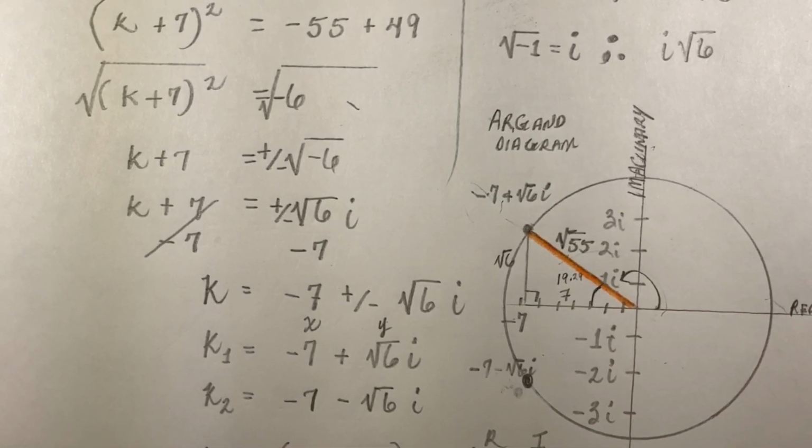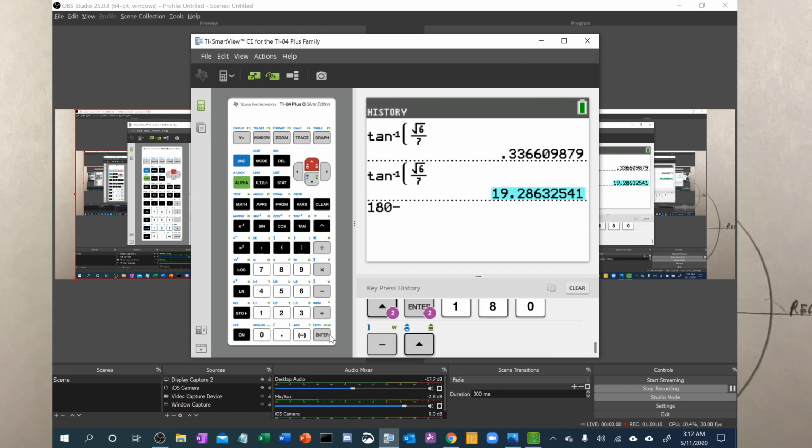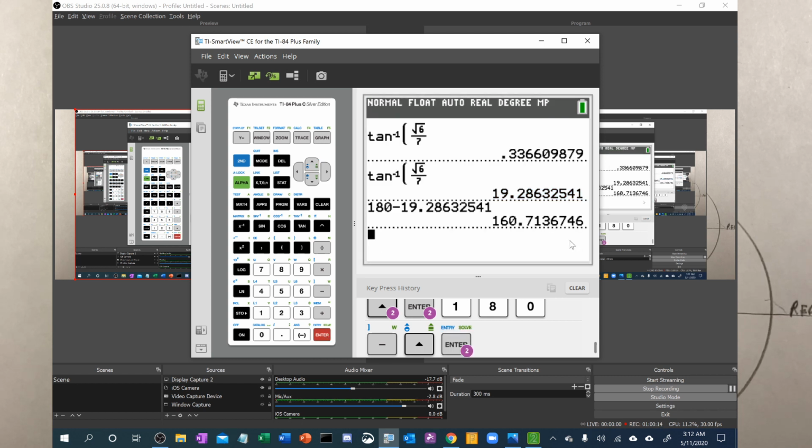Let me show you how that works. You would just take 180 minus that. Okay, boom, 160.71. So basically that angle was rotated 160.71 degrees counterclockwise from the origin.